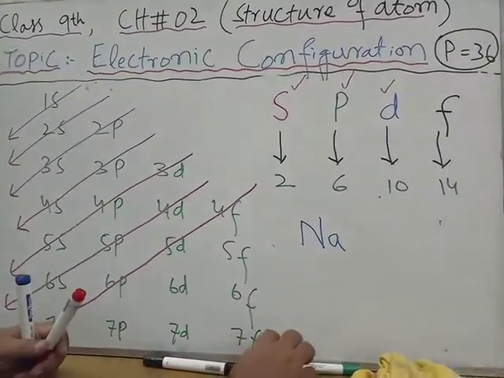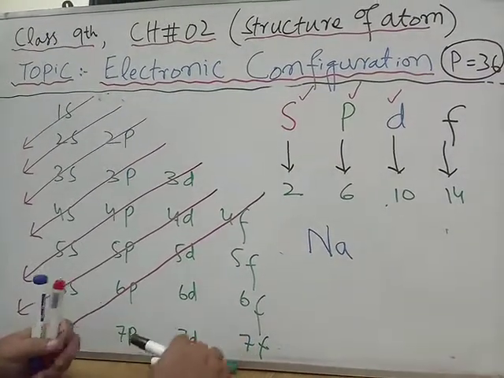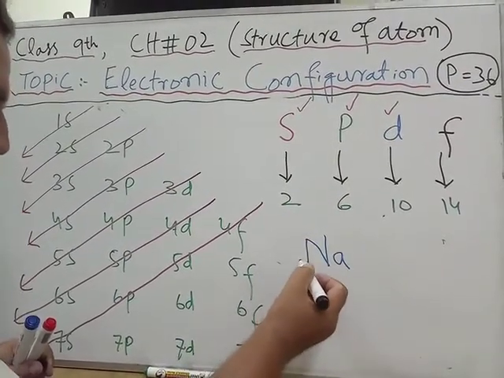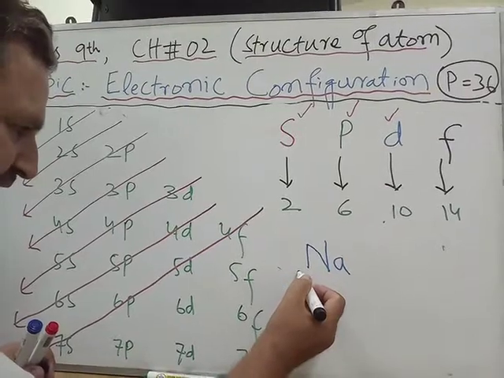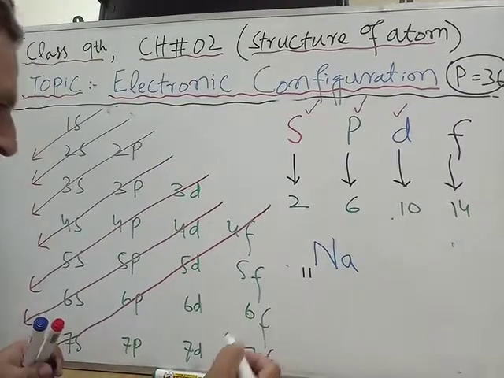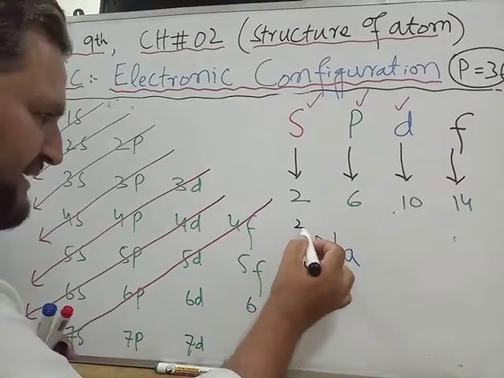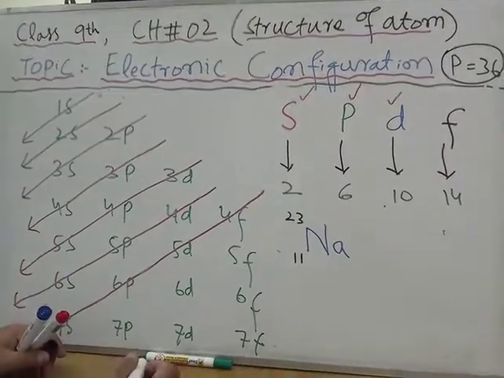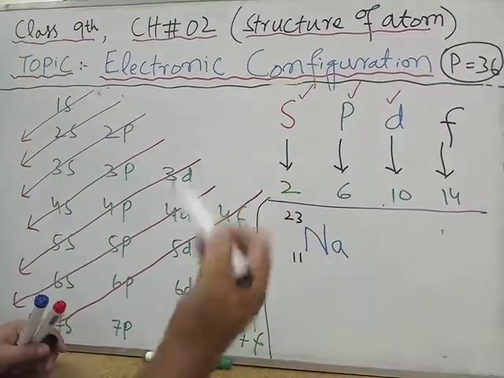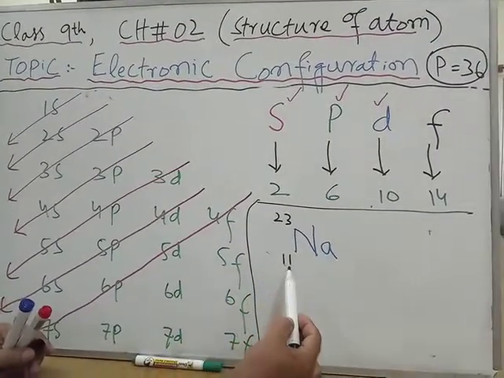And I have discussed many times that for any element, at the left subscript side, the atomic number is shown, while at the left superscript side, the mass number is shown. Now, for example, in the paper we have a question: write the electronic configuration of sodium. But ignore this one, take this one.